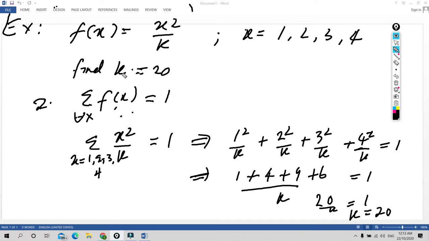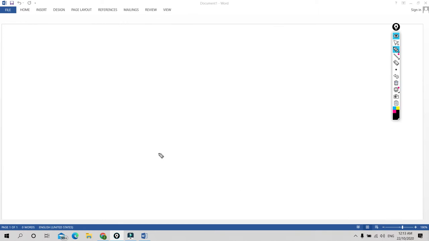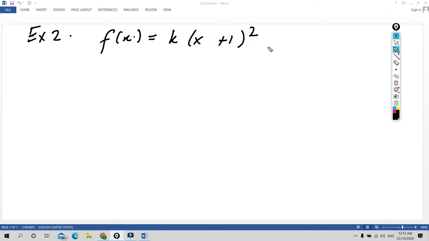Now let's say we have one more example. Example 2: let's say f(x), the probability function, is equal to k times (x plus 1) squared, where x is equal to 2, 3, 4, and 5. Now I want to find k.